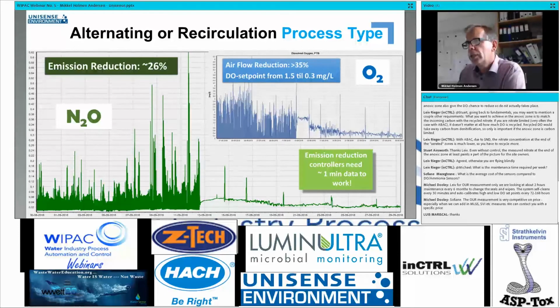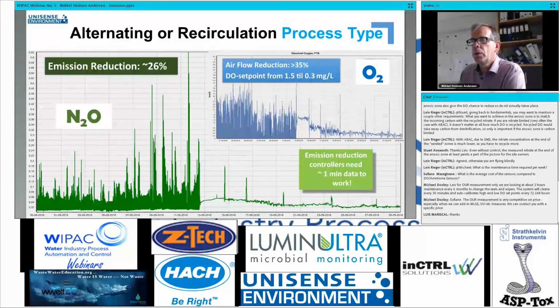So just working with the controls and having nitrous oxide in there in the feedback loop will actually enable nitrous oxide mitigation quite easily, and actually give you a full insight into the denitrification.